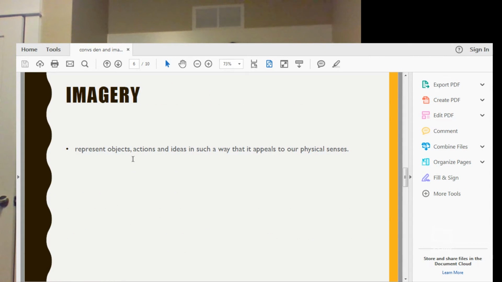Now, let's go into imagery a little bit, and this is kind of a big thing, especially in poetry and really in all sorts of literature. I really just wanted to take a minute and talk about it with you guys. Imagery represents objects, actions, and ideas in such a way that appeals to our physical senses. We have five of them, right?